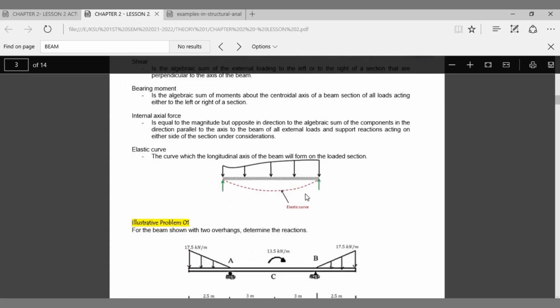For example, as you can see on your screen for a certain beam, the broken lines that you see are the depicted deflection of that beam when you apply a distributed load. So let's go directly to the analysis of beams.